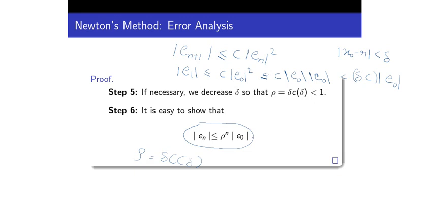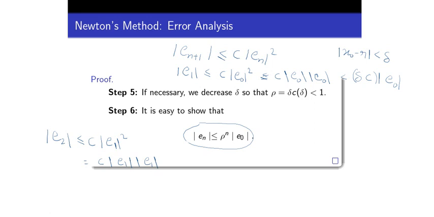So this is mod E1. Okay, now use this fact to get the bound of mod of E2. Mod of E2 is less than or equal to C times mod of E1 square, which is C times mod of E1 times mod of E1.